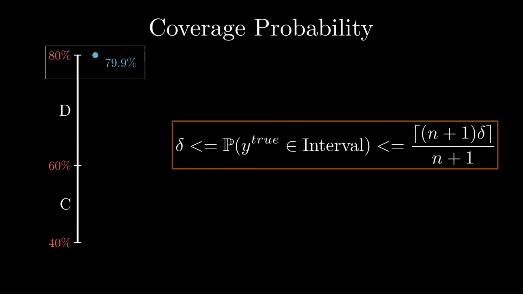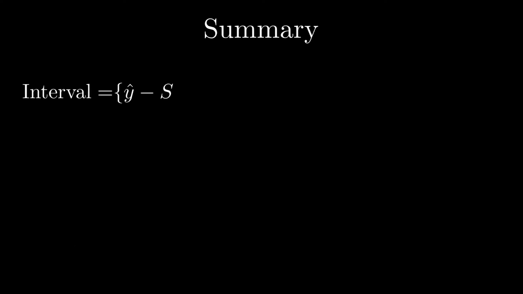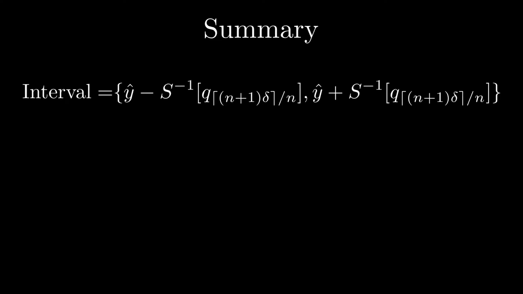Let's recap what we learned in this episode. We have an explicit equation for the split conformal intervals. The interval has coverage guarantees, meaning that the probability of the true unknown test value being within the interval is always equal or greater than the requested confidence level delta, even when the size of the calibration set N is small, giving us the nice finite sample validity property.